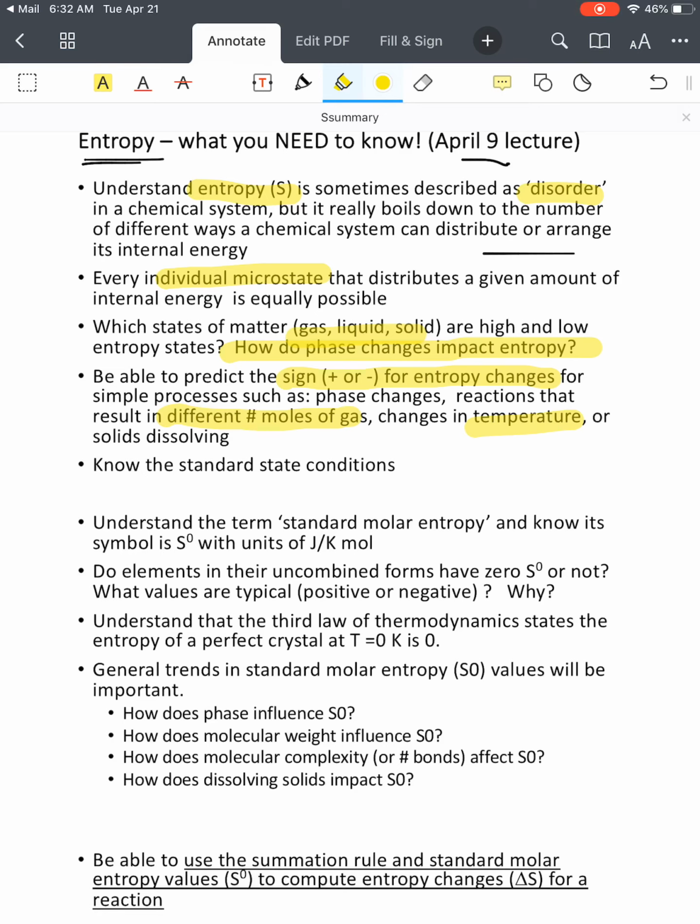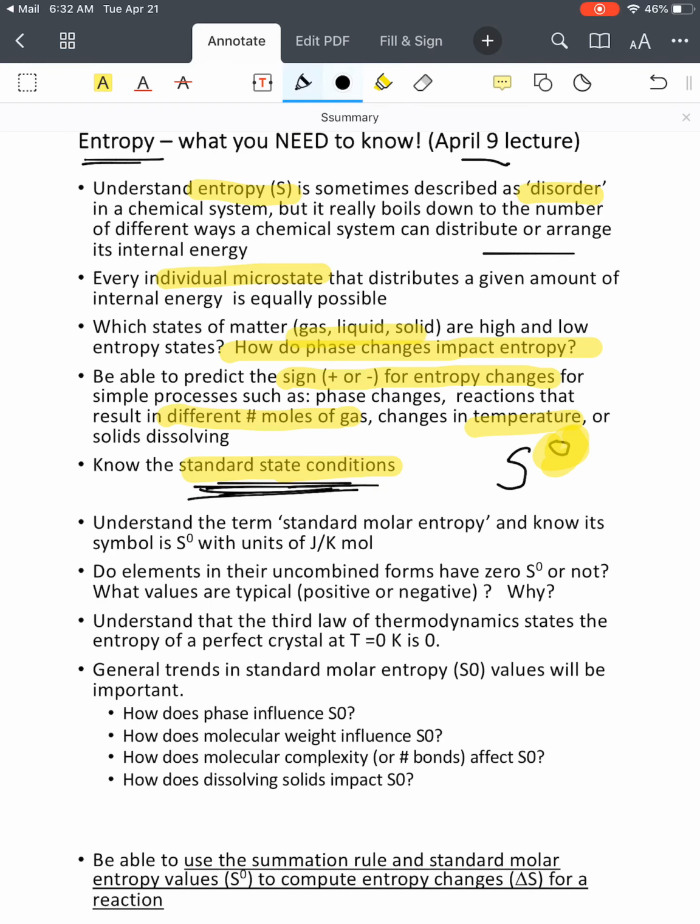Now, another thing we talked about in this video is we introduced these so-called standard state conditions. And remember, in thermodynamic circles, you see symbols that look like this. This would be our standard molar entropy. Well, this 0 right here basically corresponds to the standard state condition. If we see that 0, it means that we're running this experiment or we're talking about the standard state condition.